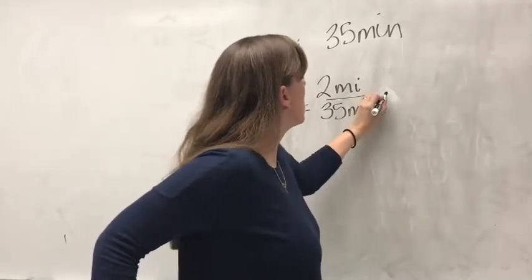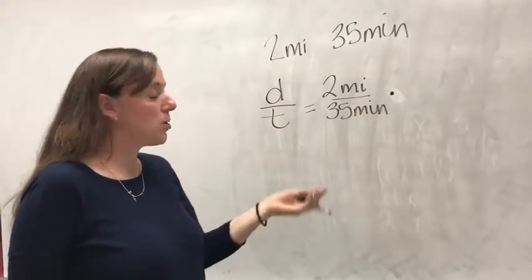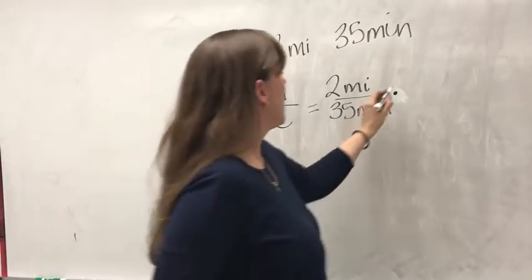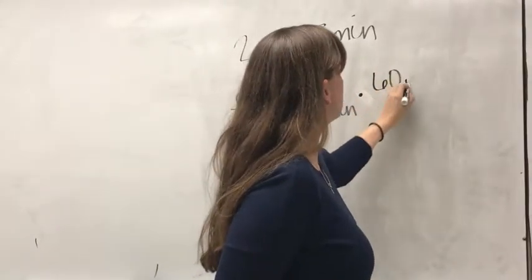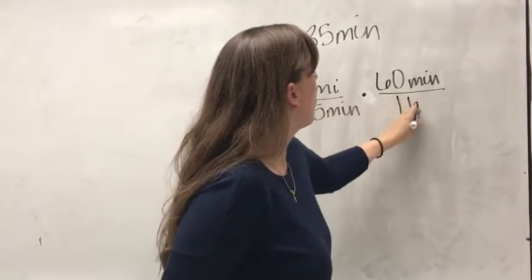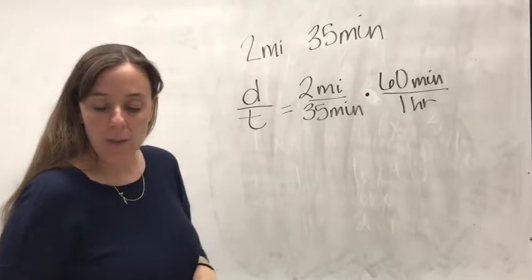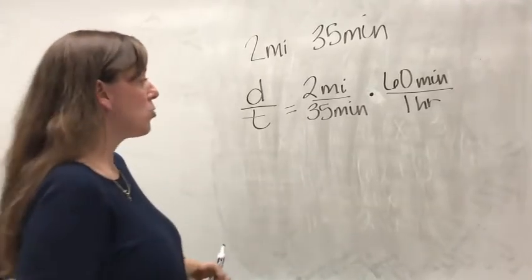It's a multiplication. The conversion factor that we talked about just a few minutes ago, and it's going to be 60 minutes per 1 hour, because we want to know our average walking speed.